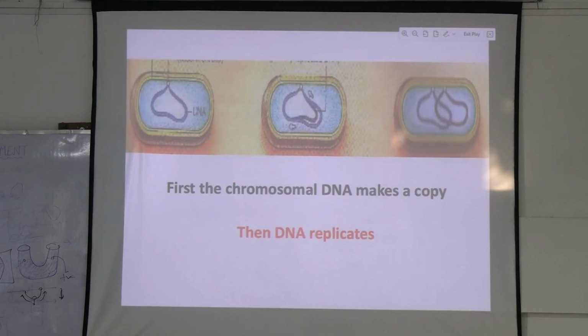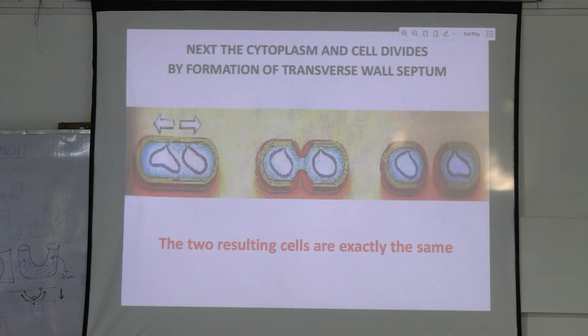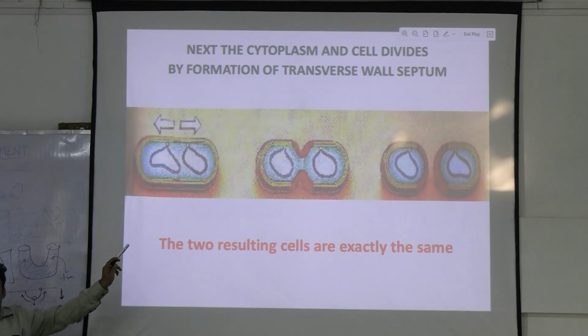So at first, what happens is, inside the bacterium, the chromosomal DNA replicates and forms 2. Then both the chromosomal DNA move to either end, and on the inside there is a formation of a septum, initially by a formation of an invagination pouch, and then it becomes complete to form a septum, and then the two bacteria separate.